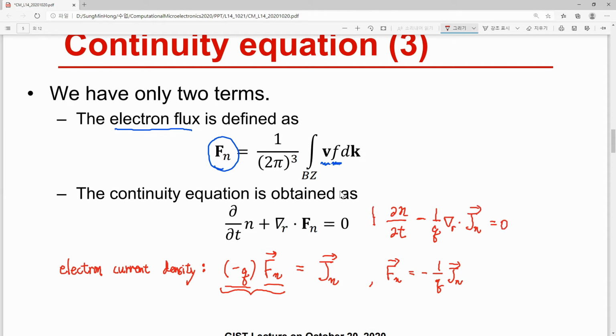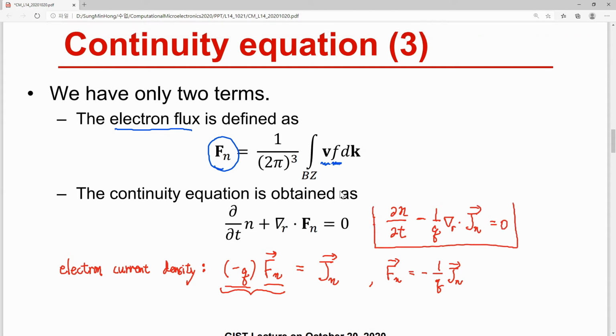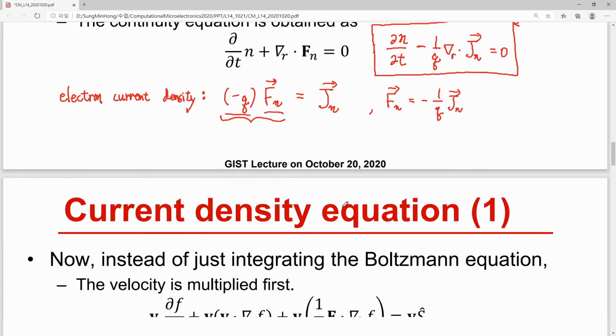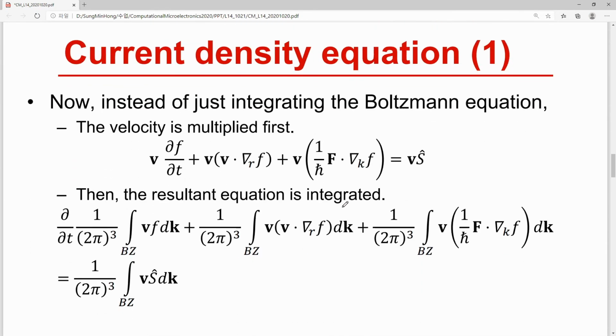That will be the continuity equation written in terms of electron current density. Maybe you will find that this form is more frequently used in the literature. Anyway, this is the continuity equation, and now let's go to the second equation.